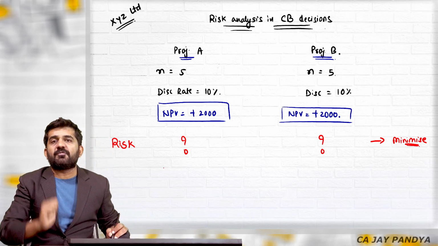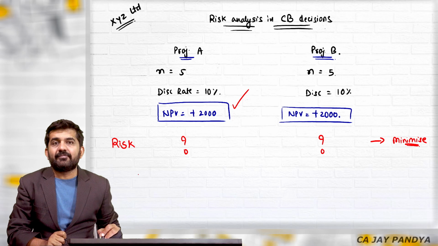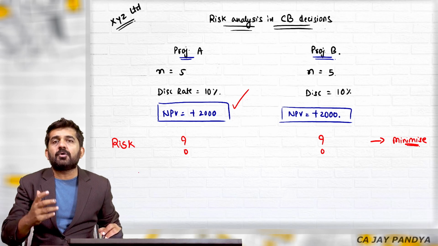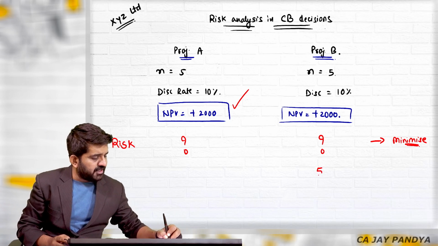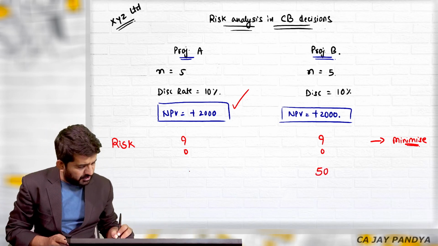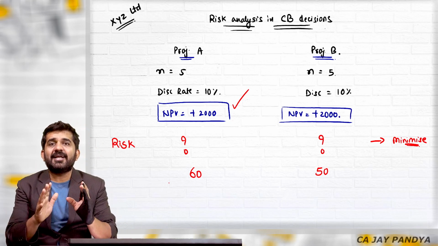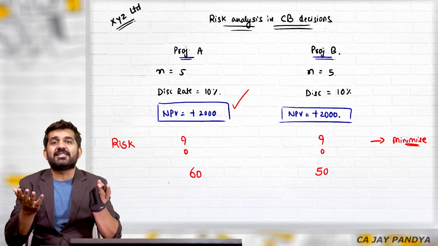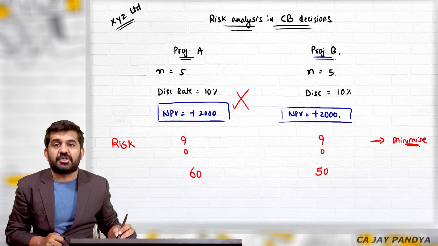See, what was our first answer? They may select any project, say Project A. Then they did some calculation and found that risk in Project B is 50 and risk in Project A is 60. Any measurement, but risk in Project A is higher than in Project B. Then they have taken the wrong decision.